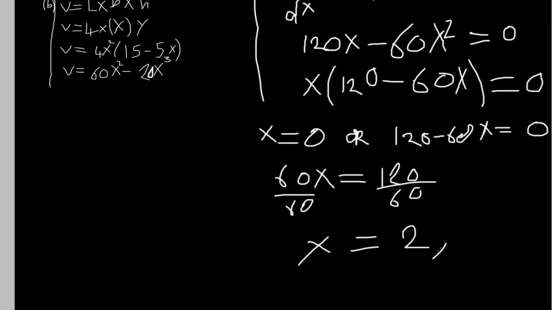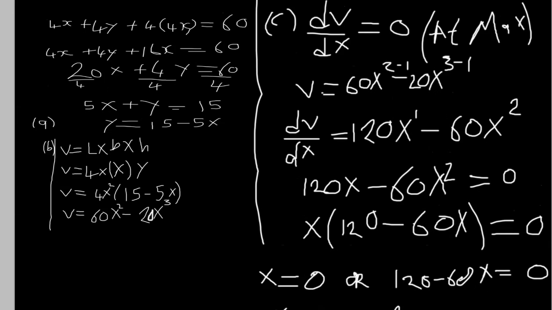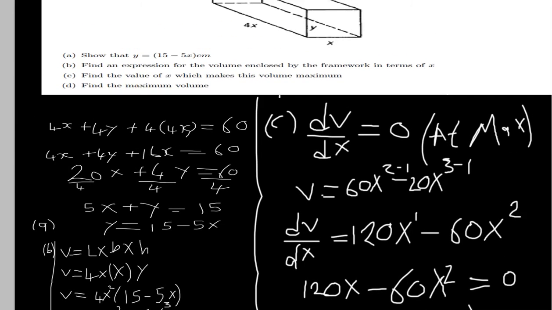So I have two values of x. x is equal to 2 and x is equal to 0. So these are the values of x for which the volume is maximum. So C is also solved. So these values that I've found here are the values of x which make the volume of this shape maximum.